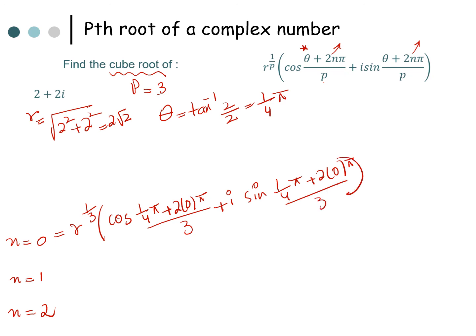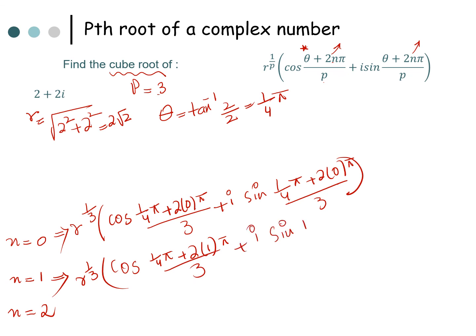Now, the second scenario: only in place of n you write 1, otherwise just copy everything down. So r to the power 1 over 3, cos theta is 1/4 π plus 2, n is our 1, and that's it. Only this you have to write down and you will get the answer.